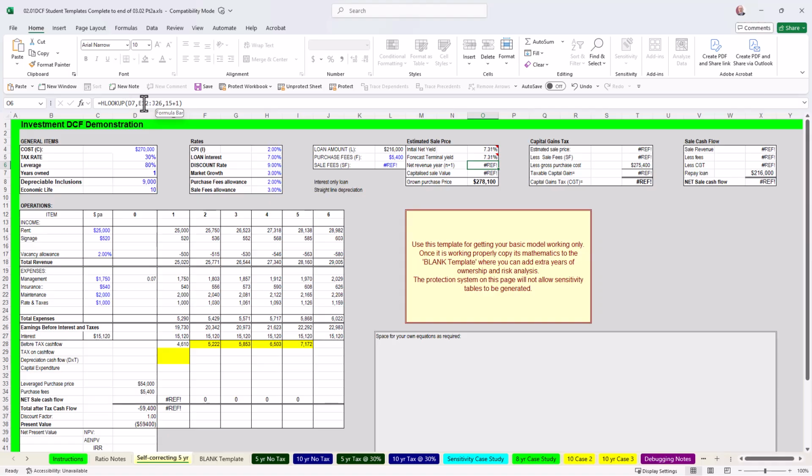D7. The plus 1 does not go there. It goes there. And so I want to compare the years owned plus 1.